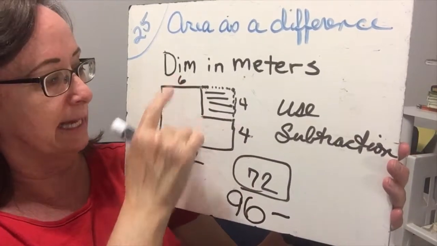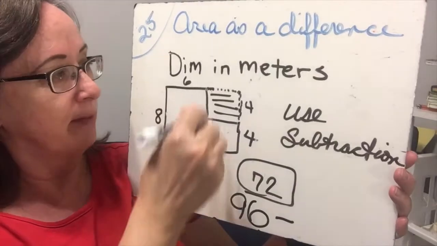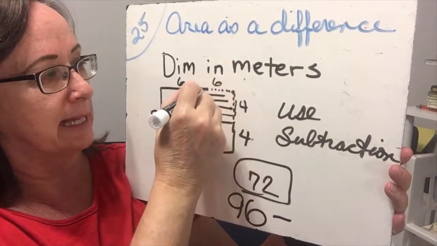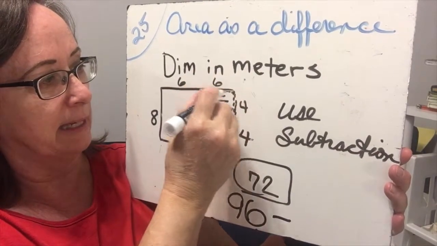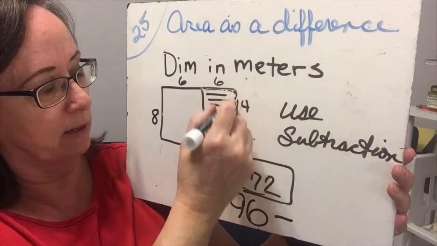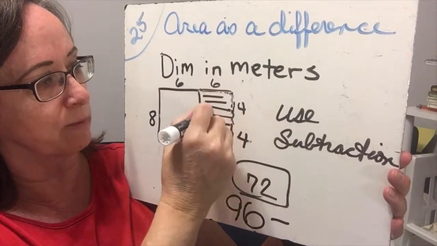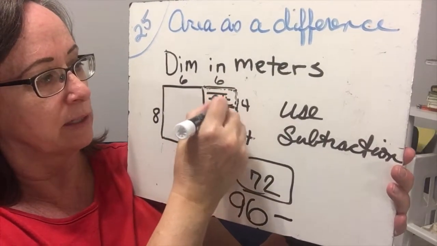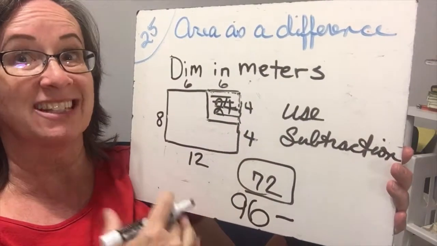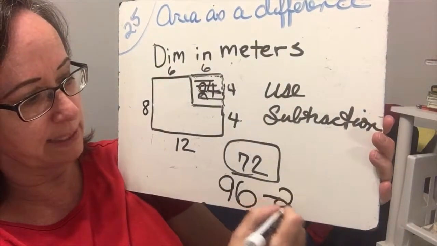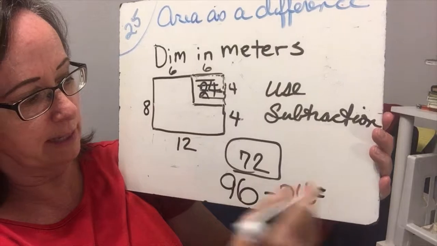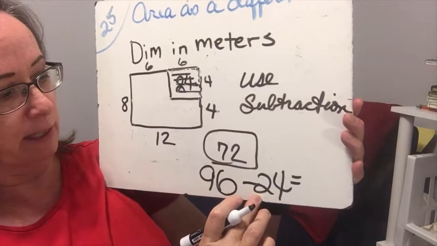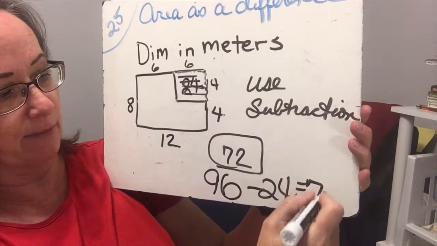Now, if this is 6 and this is 12, then this piece is 6 on this side, and this side over here was 4. So 6 times 4 is 24. So 24 is the area that's not there. So we take away the 24, and 96 take away 24 is 72.